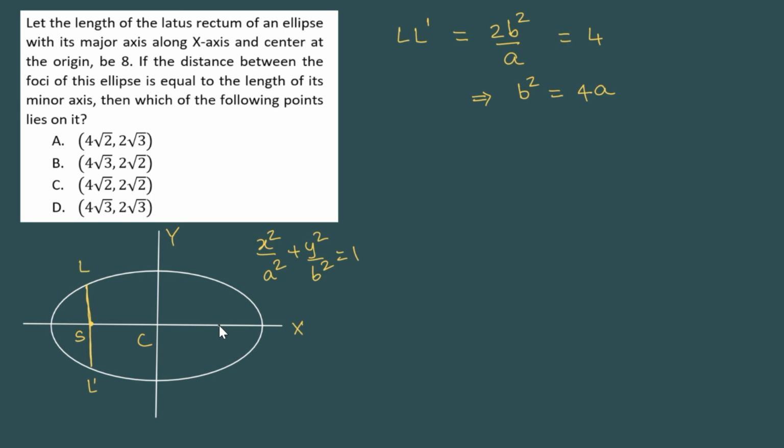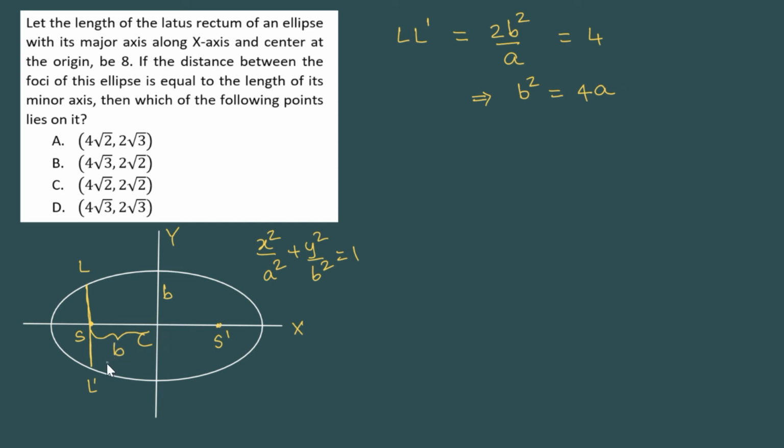Let's say the other focus is here. With respect to the center, both foci are at the same distance. Because the distance between the foci is equal to the length of the minor axis, the distance of one of the foci from the center should be b.